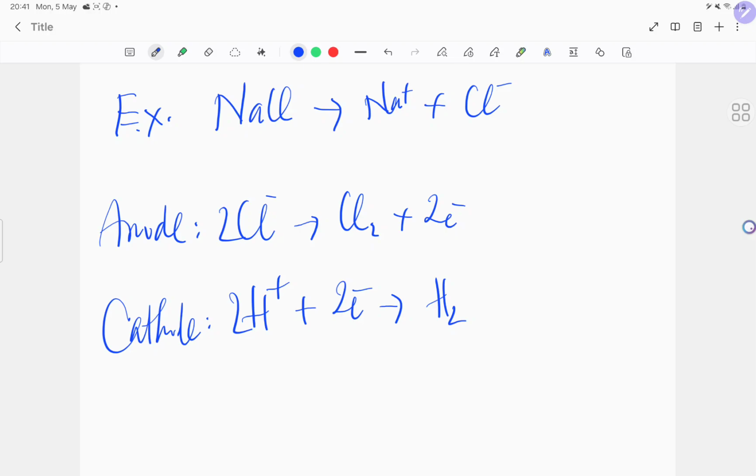No. Only copper and silver. If the cation is the ion of copper or silver, that's it. Anything else will produce hydrogen. Okay. So only silver and copper. Yeah.